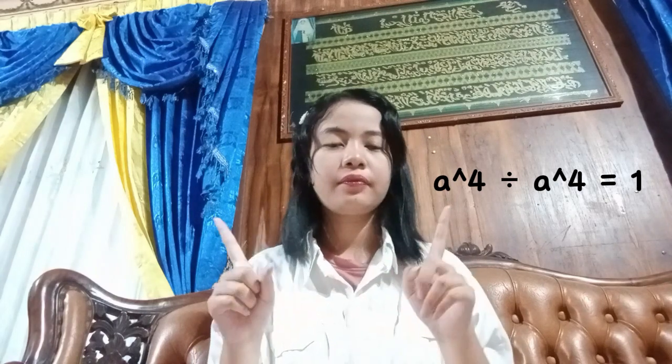For the fourth rule, let's have a look at a to the index 4 divided by a to the index 4. We are dividing a quantity by itself, so the answer has got to be 1. And rule 3 tells us that to divide the two quantities, we subtract the indices.